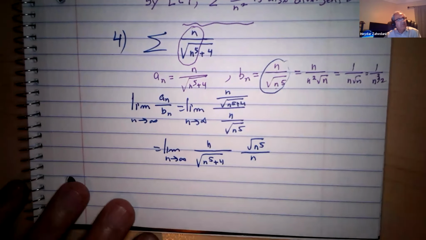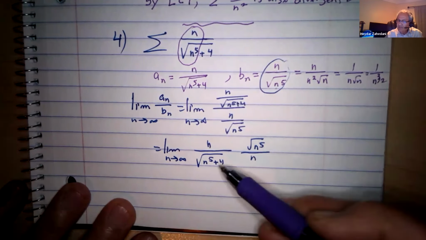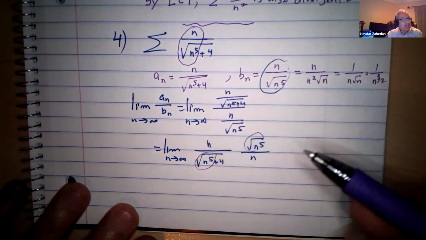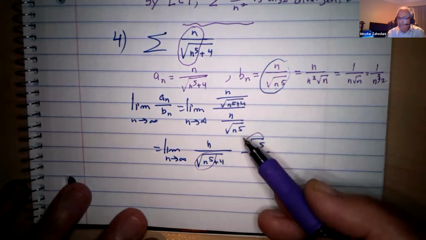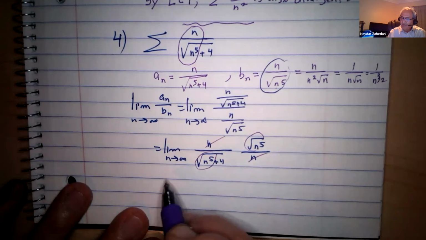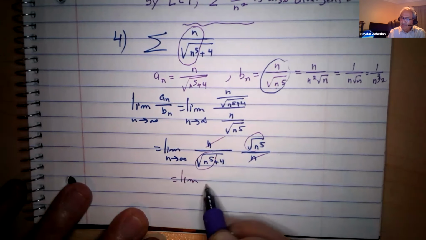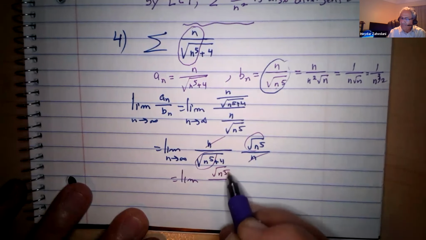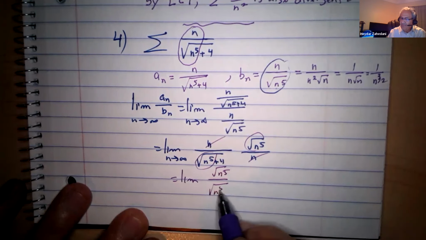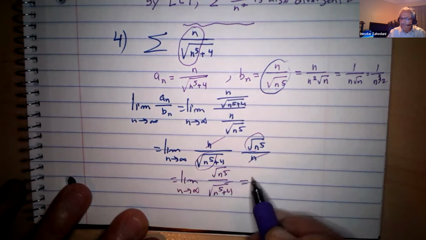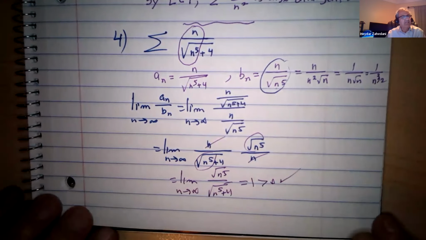You see, automatically the limit would be 1, because this is radical n to the 5th, and this is radical n to the 5th, and this is n and n. In fact, n and n would cancel out. So what you have is the limit of radical n to the 5th over radical n to the fifth plus 4. When n goes to infinity, they are like each other. So it's a 1, bigger than 0, that's it.